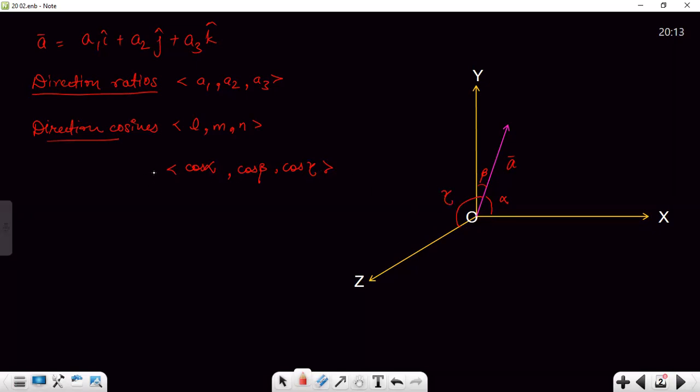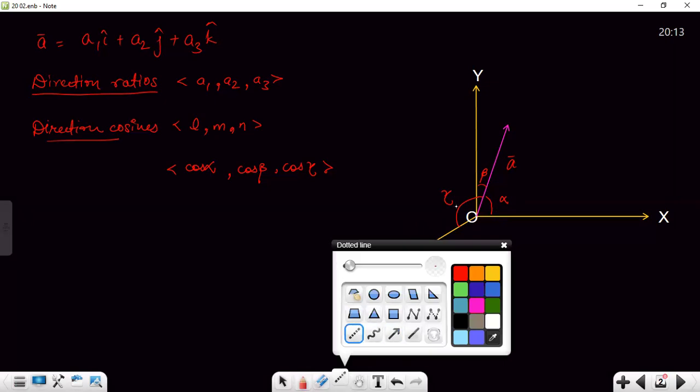So these are the direction cosines. But there is one thing to catch here: when we're talking about vectors, we can draw the angle like this. Okay, fine. But what if we discuss a straight line, same as this?